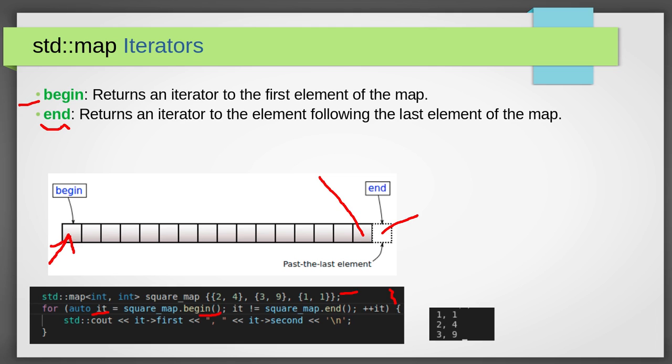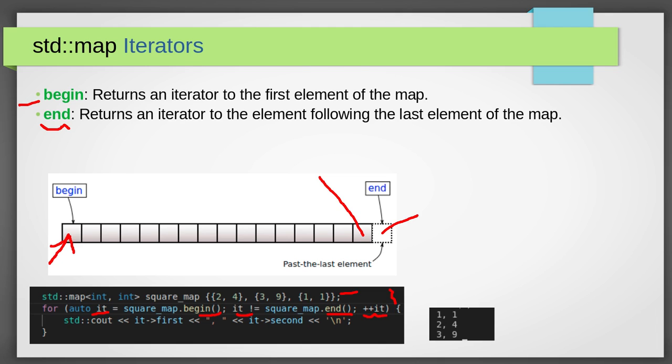This is the iterator. This iterator will point to the first element, and it stops when iterator equals map.end, and this is to increase the value of the iterator in each round.